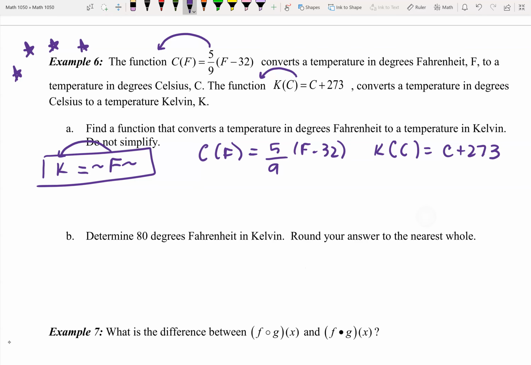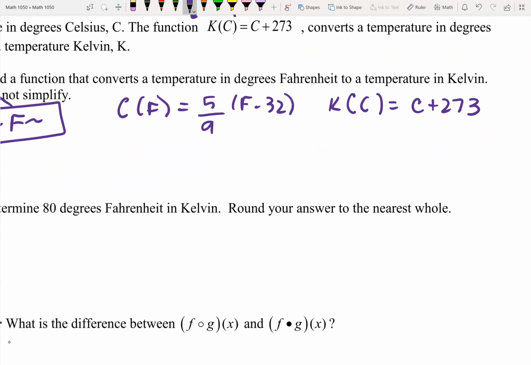The way I explain this is, I'm sure, different. It's a little confusing at first to understand, but I think it's better in the long run. I'll always teach you the way I think is going to be the best for you. See this C of F? You guys, if that said C of X, don't change it, but if it did, is equal to 5/9 F minus 32. Does that make sense? No. No.